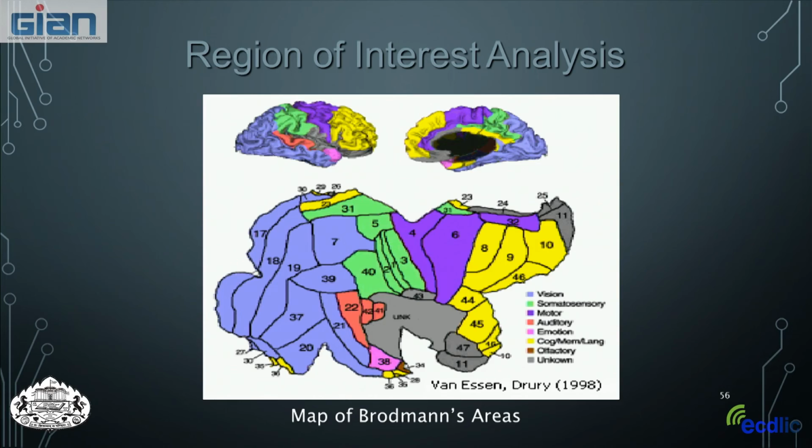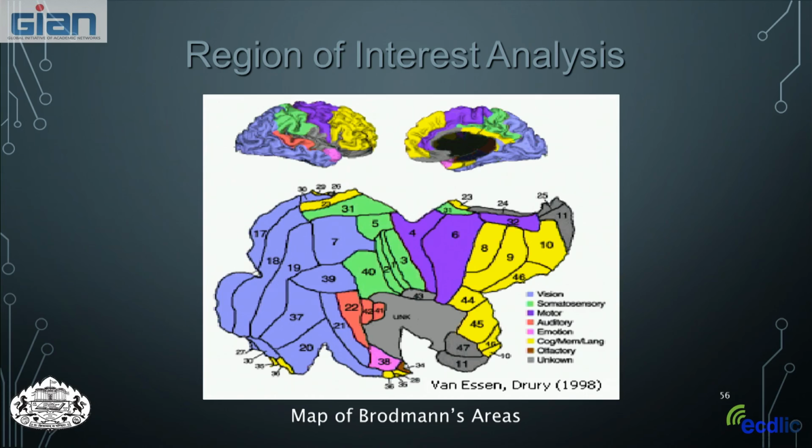Like I mentioned at the beginning of the class, regions that are typically used today are called Brodmann's areas. Mr. Brodmann took a brain and dissected it, looked at different tissue types, and gave each part a number that is associated with a different function in the brain.